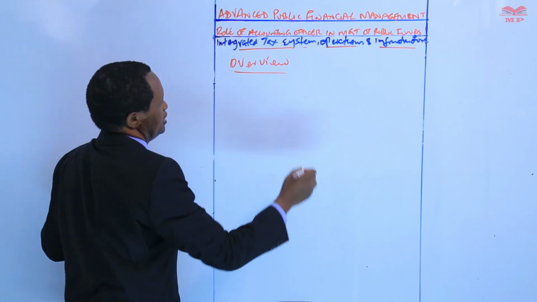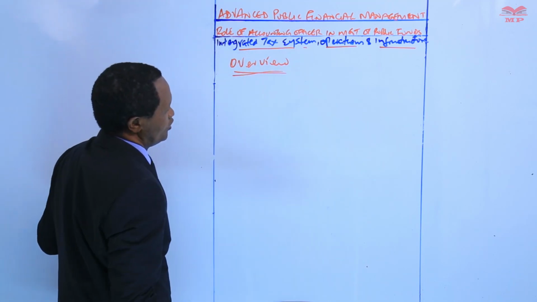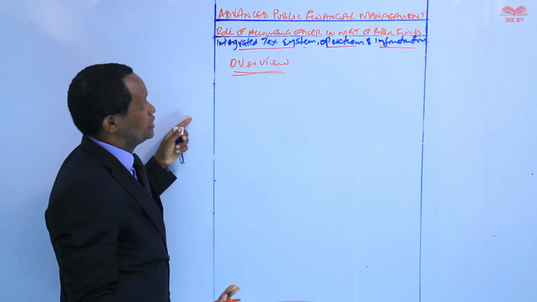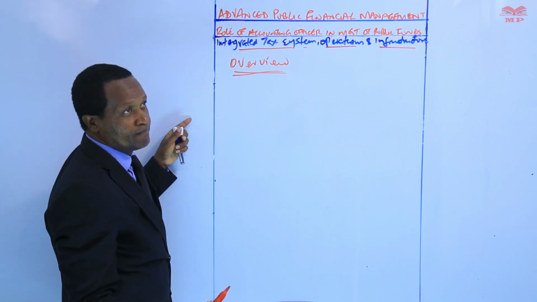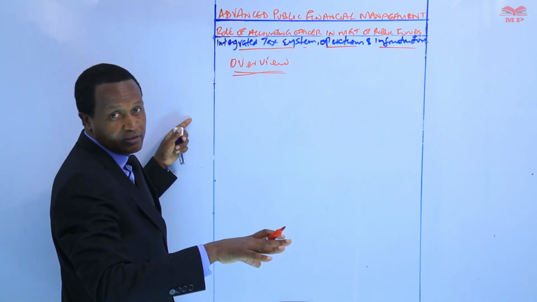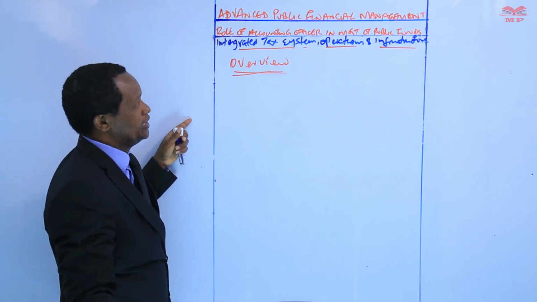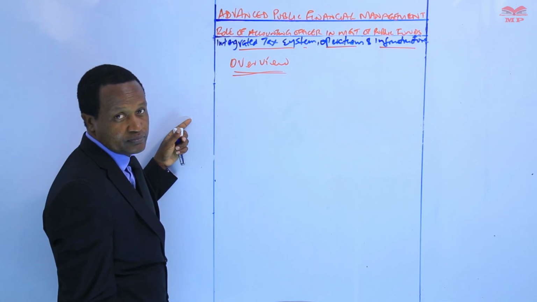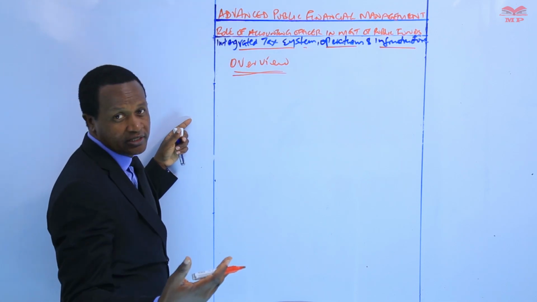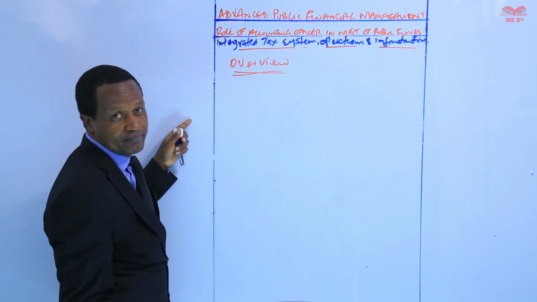In focusing on overview, we will define what an integrated tax system is. Then we will highlight some of the benefits or purposes of an integrated tax system. But first of all, what is an integrated tax system?